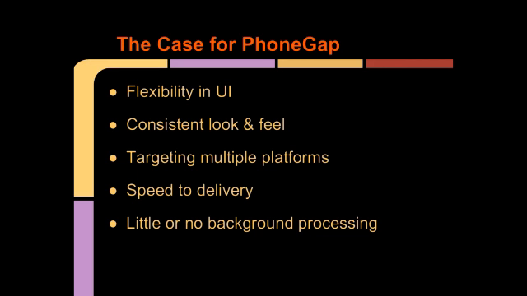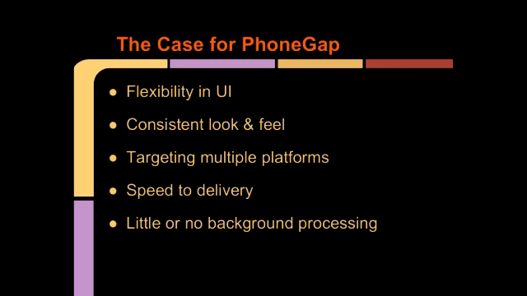I use PhoneGap a lot for prototyping. If there's a demo coming up and they want to see what it might look like, it's a lot faster for me to rip through some HTML, CSS, and JavaScript to quickly mock up some screens, almost in a wireframing sense, than it is for me to deep dive into Objective-C, for instance, and start laying out screens in those tools. They're a little more cumbersome at times.